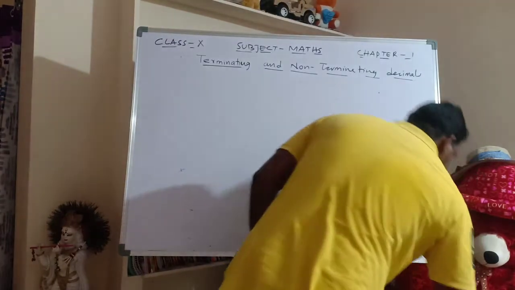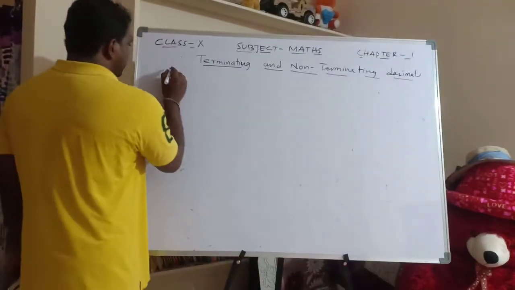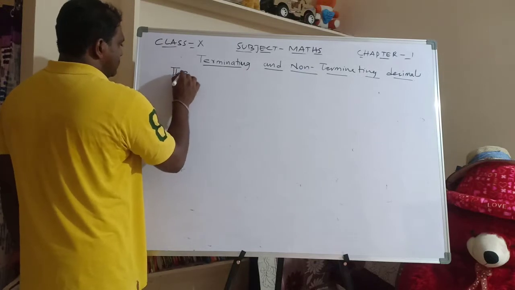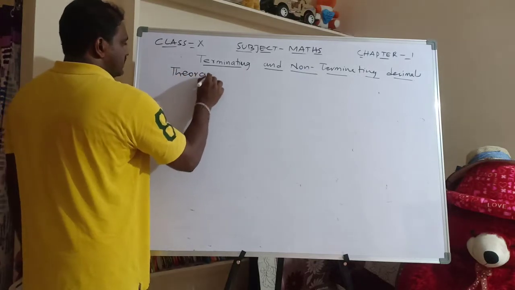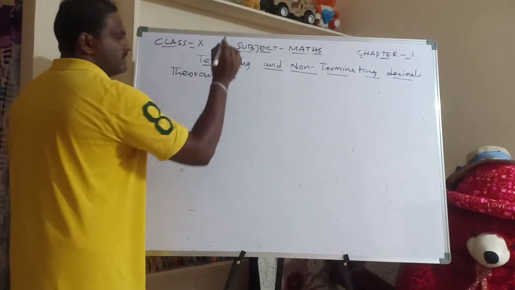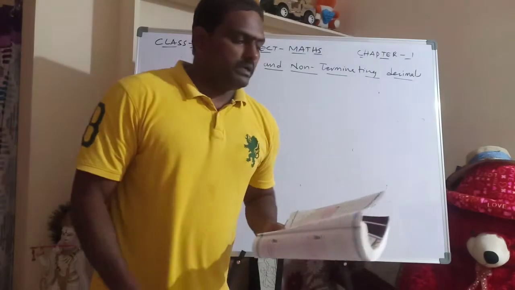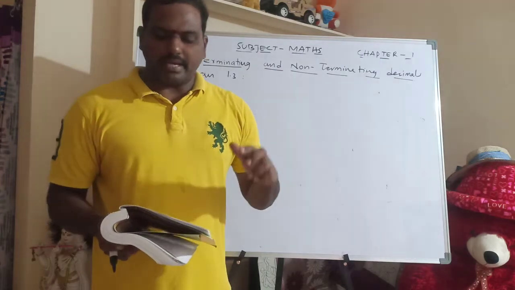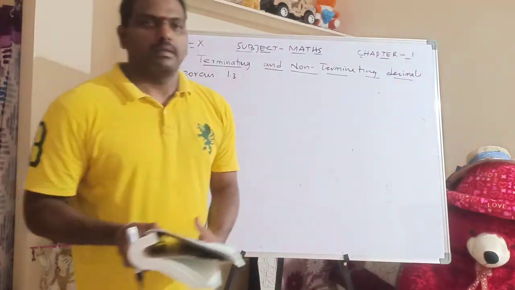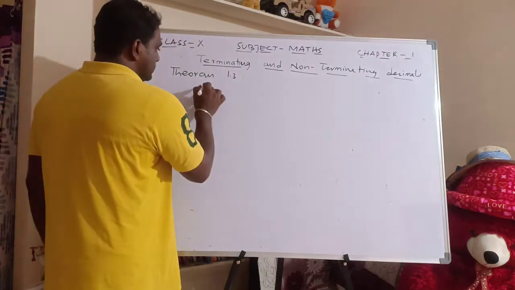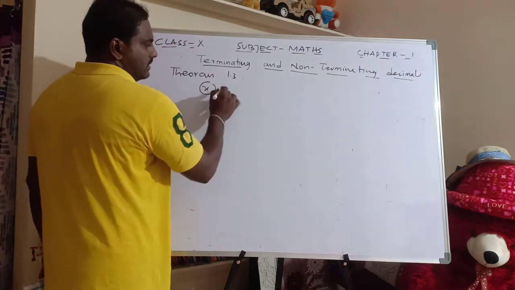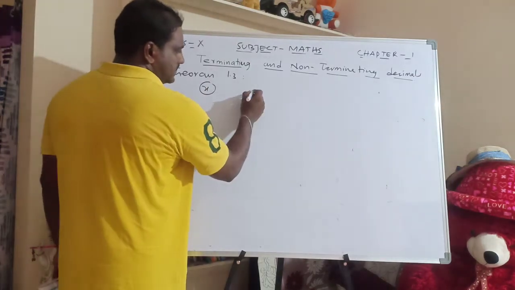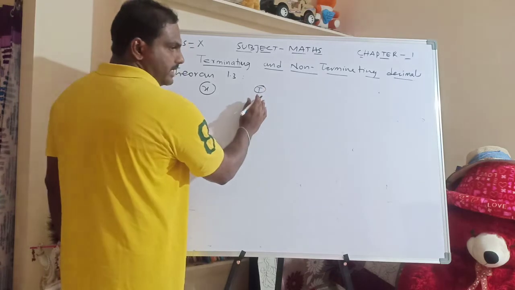So what does theorem 1.3 say? Theorem 1.3 says, if x is a rational number whose decimal expansion terminates. So we have an x, a rational number. When we do its decimal expansion, it terminates. What do you mean by terminate?